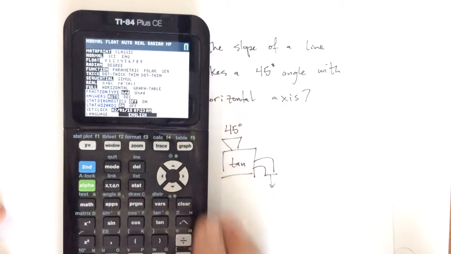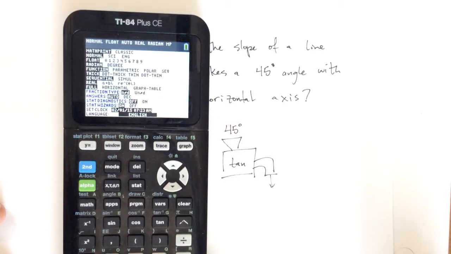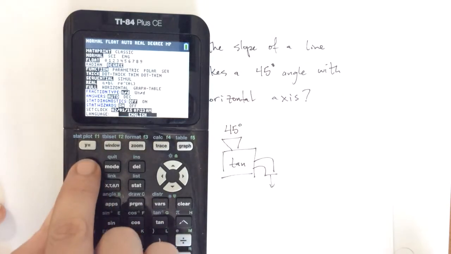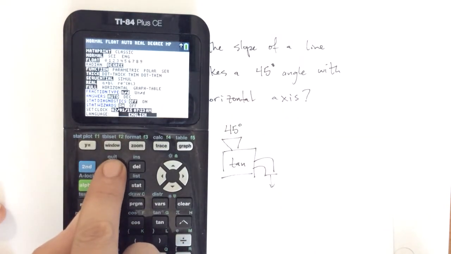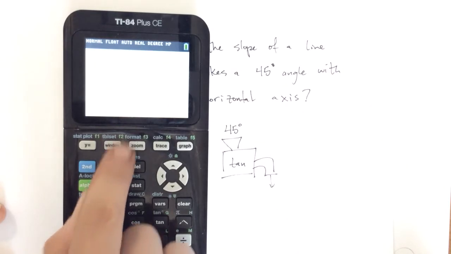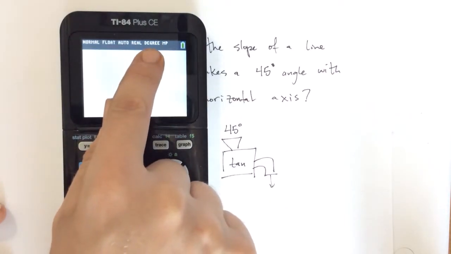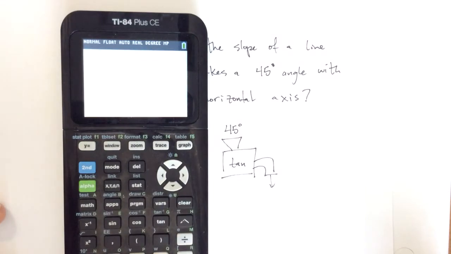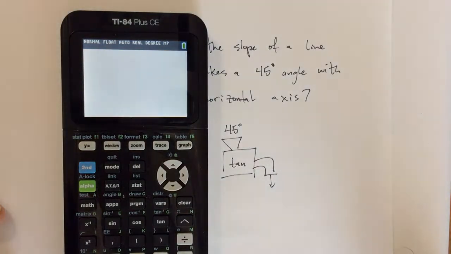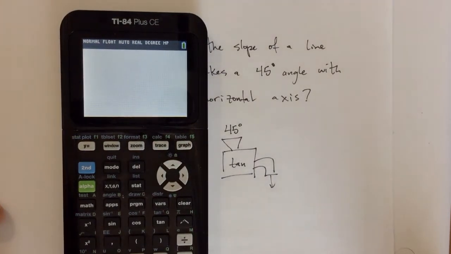I am going to select degree and push enter, and then I'm going to push second and quit. Okay, so now my calculator is in degree mode. If my calculator is in radian mode, you're going to get some funky answers that you don't understand. I'm happy to explain them to you, but really we save radian mode for pre-calculus.